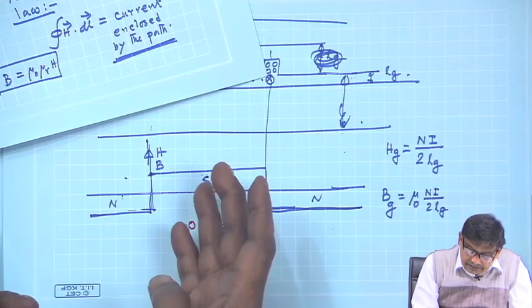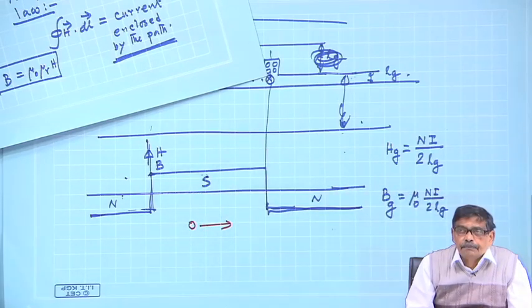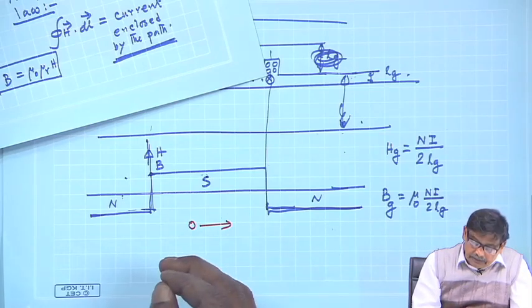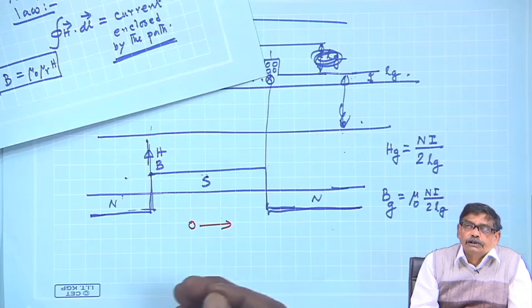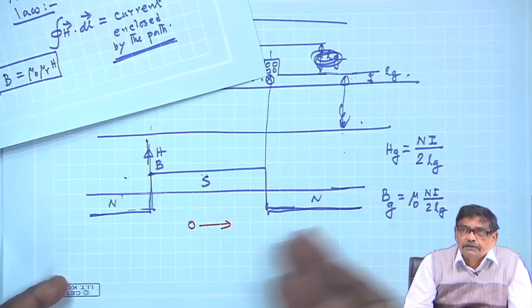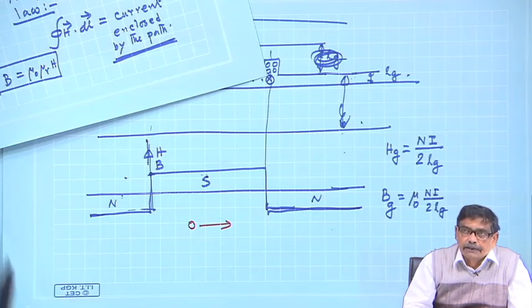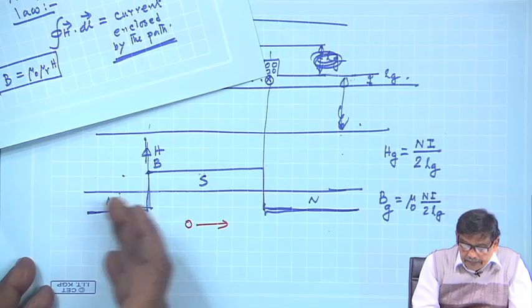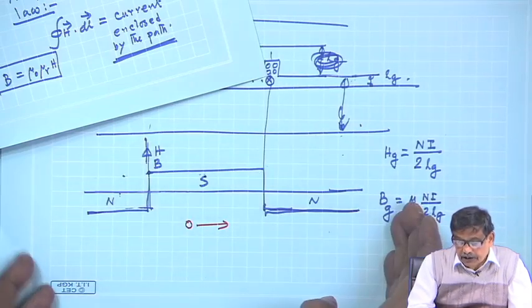Same as this south-north pattern. Whatever is the pattern of B, that will be the voltage pattern as well. Only thing, this space will be replaced by some vt, velocity into time, thereby time will come. So, with respect to time, you will get a square wave voltage.